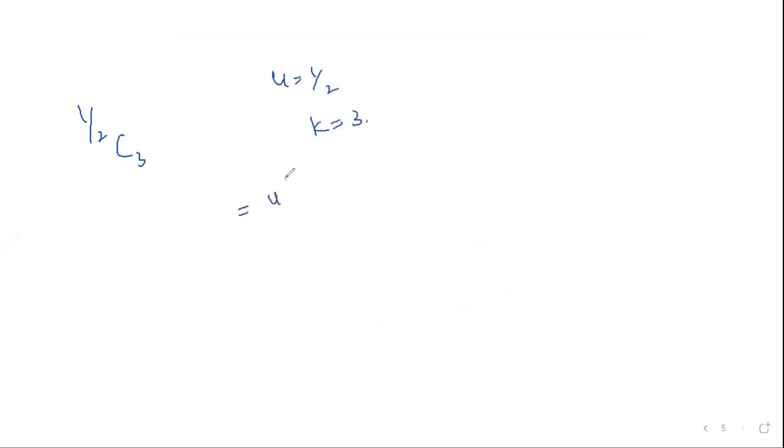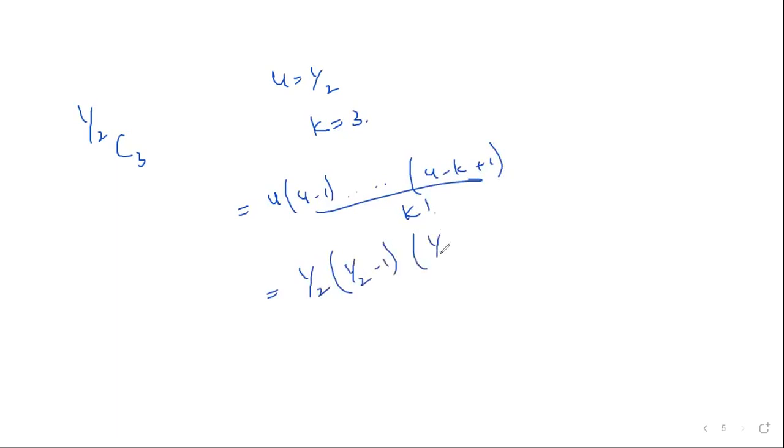Using the formula, it will be u into (u minus 1) up to (u minus k plus 1), divided by k factorial. So u is 1/2, then 1/2 minus 1, and continuing until 1/2 minus (3 minus 1), that is, minus 2. Here minus k plus 1 means minus 3 plus 1, which is minus 2.